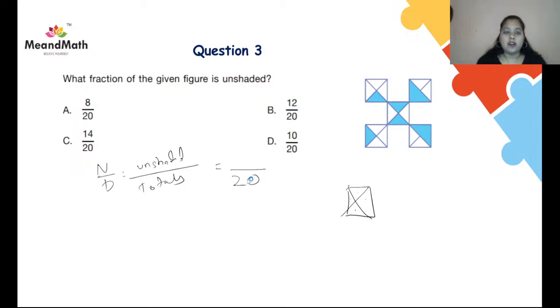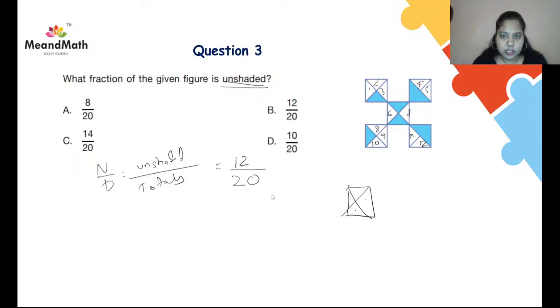Okay. So now the question they have asked is the unshaded part. So whichever is not colored, that we have to count. 1, 2, 3, 4, 5, 6, 7, 8, 9, 10, 11 and 12. So we got the total number of unshaded parts is 12.